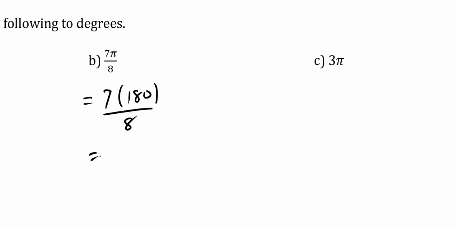In the next question? I can't remember. Oh, for this one, you mean? For B? No. What did you get? 57.5. Yeah, so put 157.5.